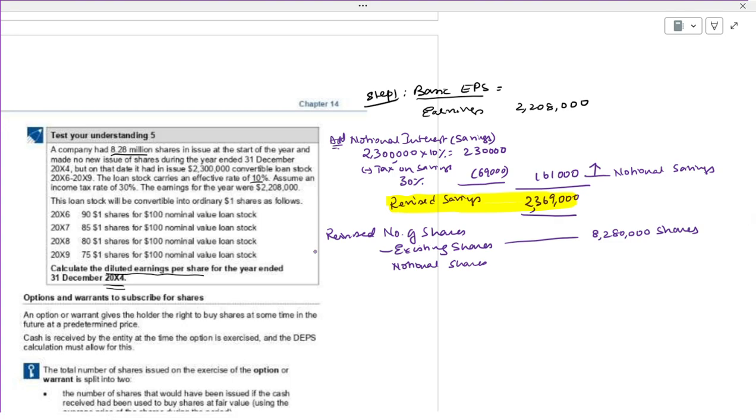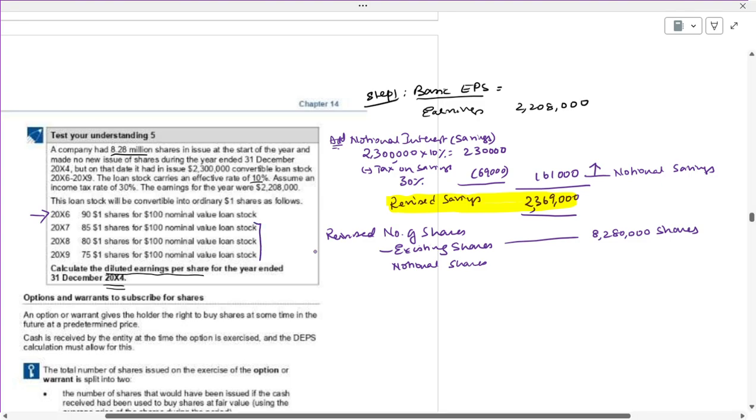It has issued convertible loan stock. First you take the case if converted. If they don't mention anything, we have to take only the first choice always. Keep it in mind.